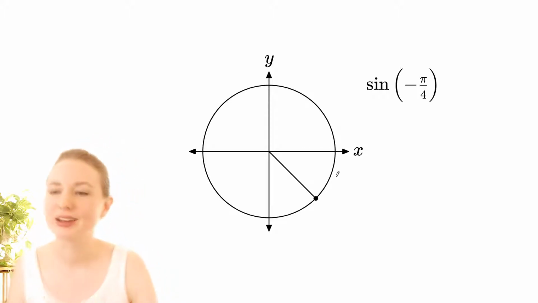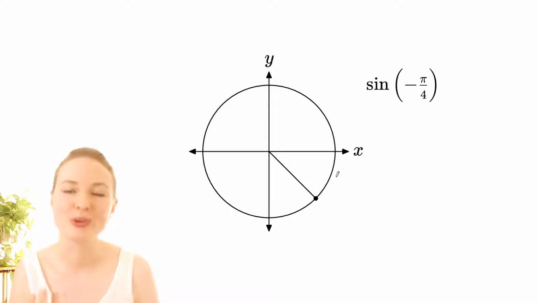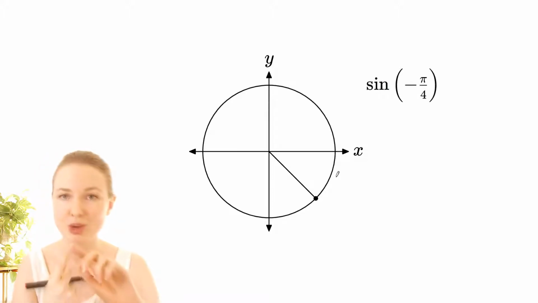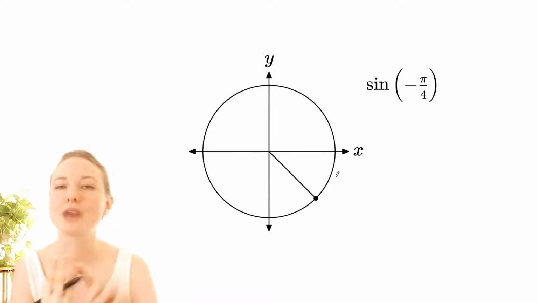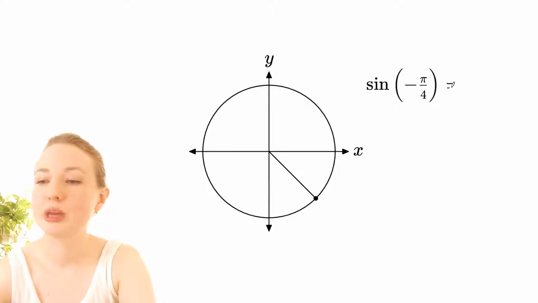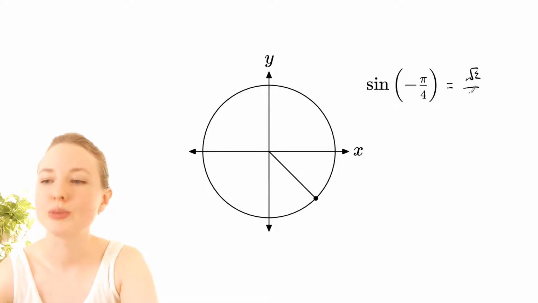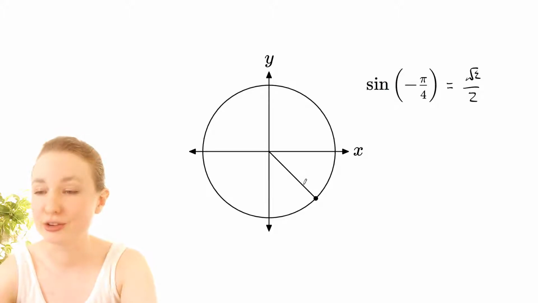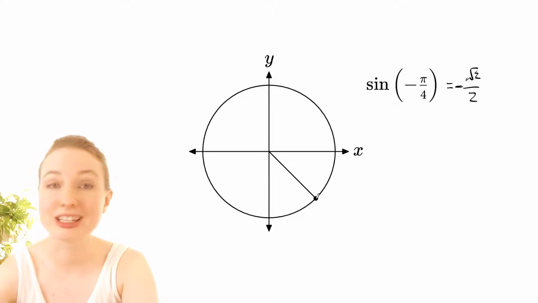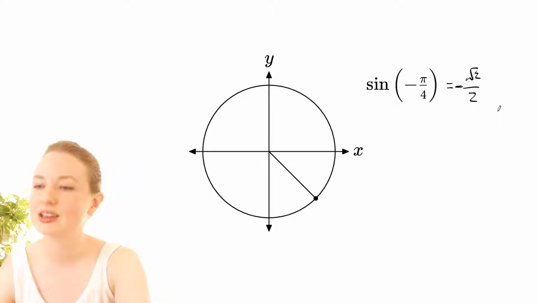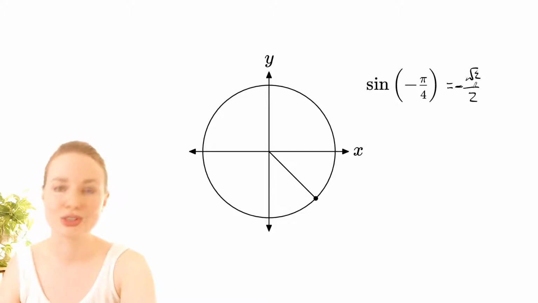So that's going to be the middle of the three possible values for sine, which were 1 on 2, root 2 on 2, and root 3 on 2. So that one's going to be root 2 on 2, the middle one. Oh, and it's negative, because the y-coordinate here is negative since we're below the x-axis. So that's negative root 2 on 2.